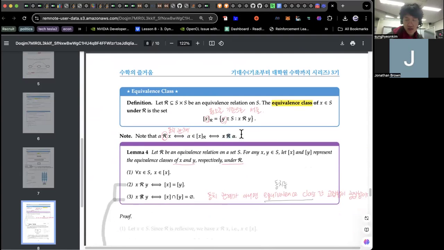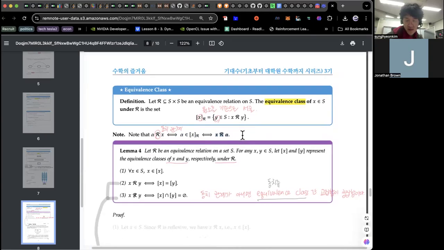Which means if they are related, then we can say a is an element of the equivalence class. And this is not really intuitive for me.